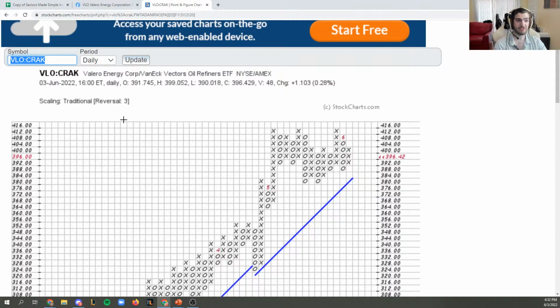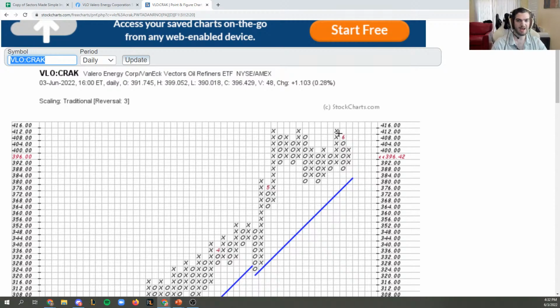We have those two pieces of information once again. Our short-term direction, which is X's, so positive. That means VLO is in the short term outperforming CRAK. Then we have our long term as well. This X is not above the previous, this O is not below the previous.